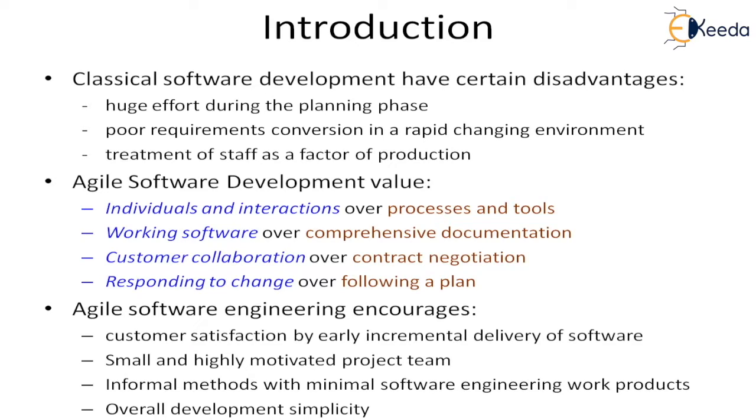Similarly, more value is given to customer collaboration over contract negotiation. The relation with the customer is more collaborative than contractual. And we need to respond to change very fast rather than following a plan, as is done in most of the software development methods.